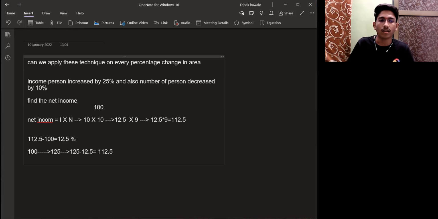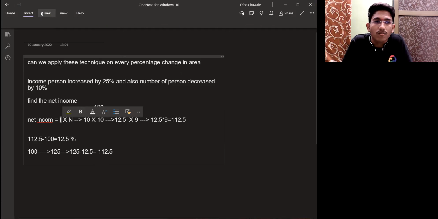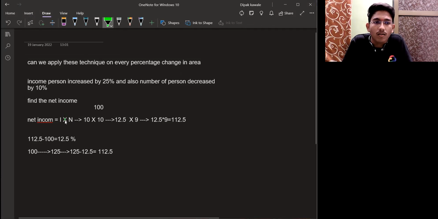Correct? That means without touching a pen, we have solved this problem. Initially it was 100, but after doing this change, okay, we have got 112.5. Why have we applied this technique? Because there was a multiplication relation. Okay, that's why we have to apply this technique.